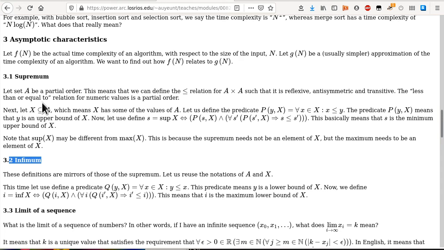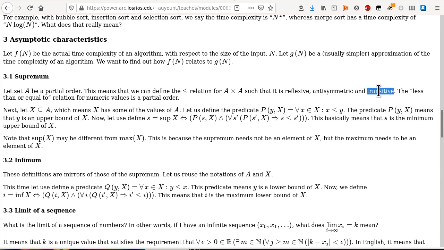So we are defining A as a partial order. This is also partially why it is important to understand relations, because now we are reusing terms that we introduced when we talked about relations. A is a partial order, which means it has to be reflexive, antisymmetric, and transitive.